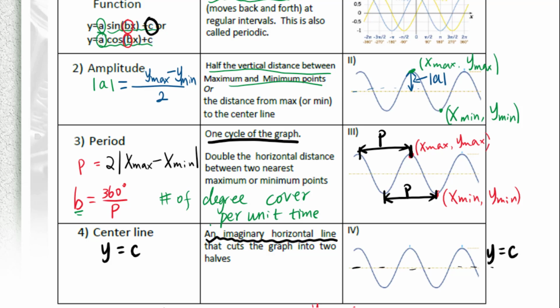It's also called midline. Basically, C is the midpoint between y maximum and y minimum. So C equals y maximum plus y minimum over 2.